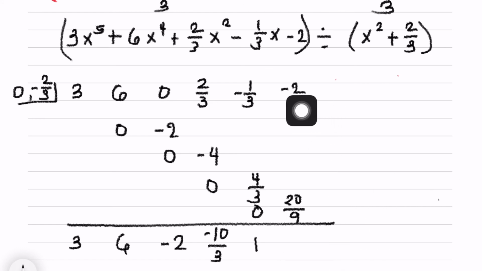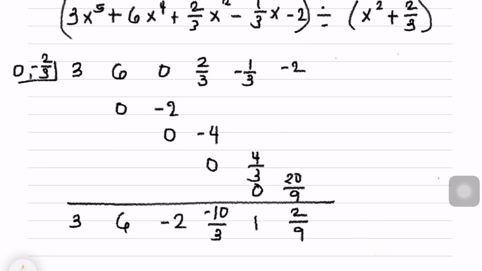Next, negative 2 plus 20 over 9. 9 times negative 2 is negative 18 plus 20 is 2 over 9. Since meron tayong values sa last two entries, which are 1 and 2 over 9, there is a remainder.